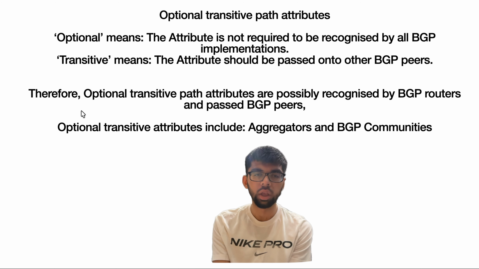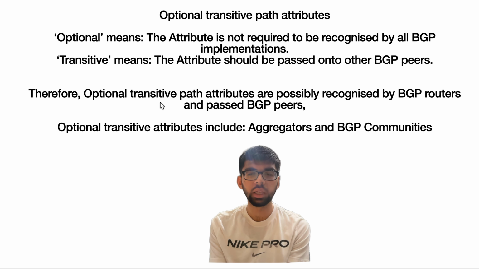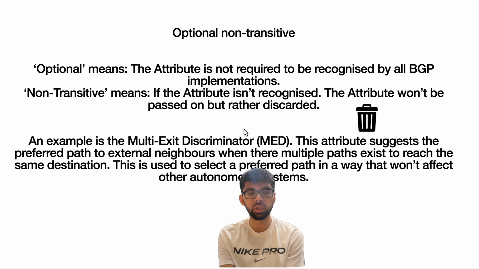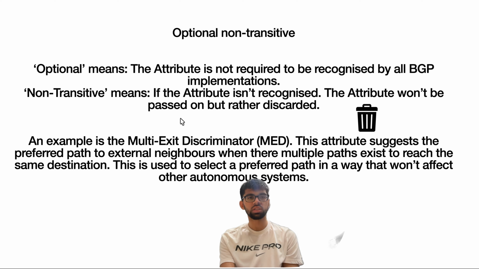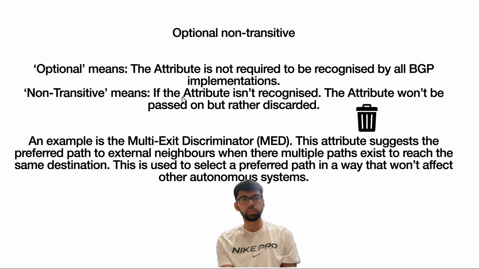For example, optional transitive path attributes are possibly recognized by BGP routers and passed to BGP peers. Examples include aggregator and BGP communities. Non-transitive, like I said, optional means it's not required to be recognized by all BGP implementations.